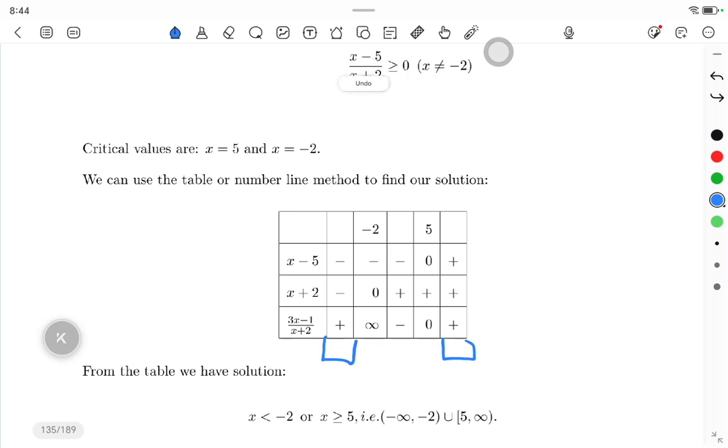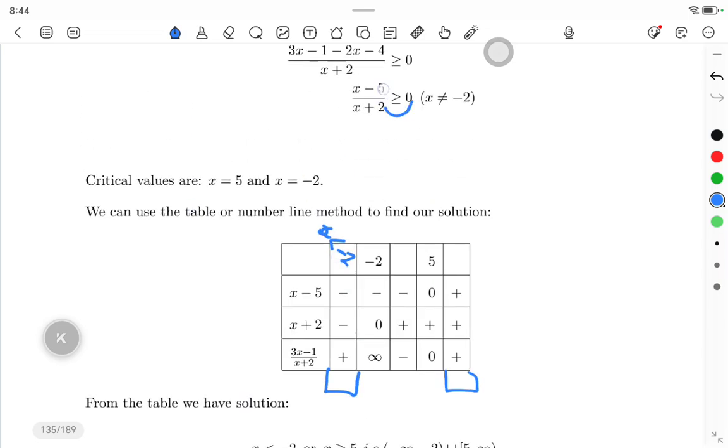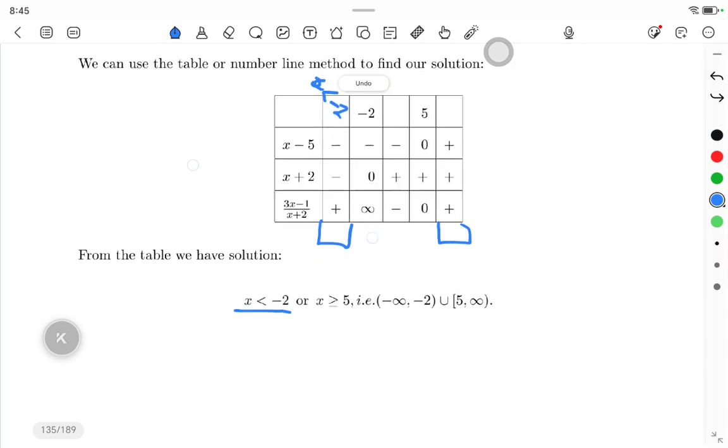The answer will be where x is less than minus 2. Even though this says equals to, we can't put an equal sign there because x is not equal to minus 2. Then on this side, x is greater than 5. So the solution is like that.